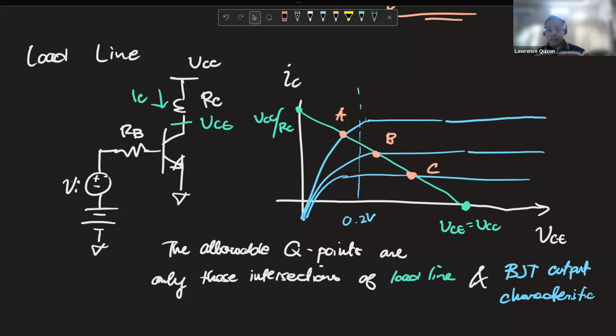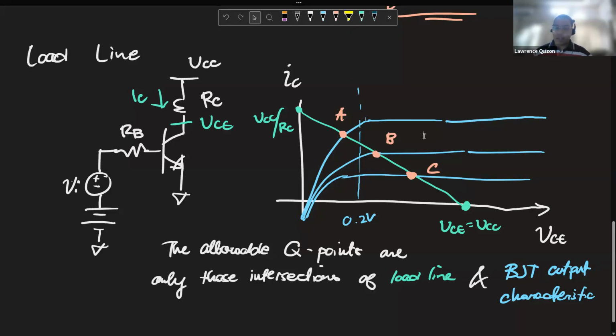A, right? So there are quiescent points that would put the BJT in saturation, that are only allowed by the load line, right? So that's how we end up in saturation.